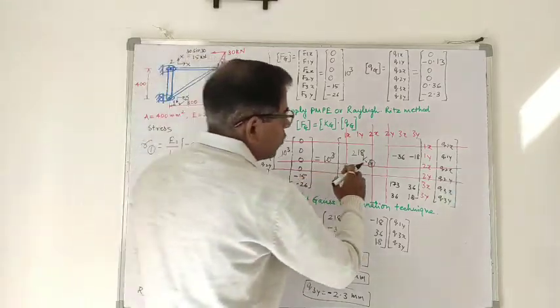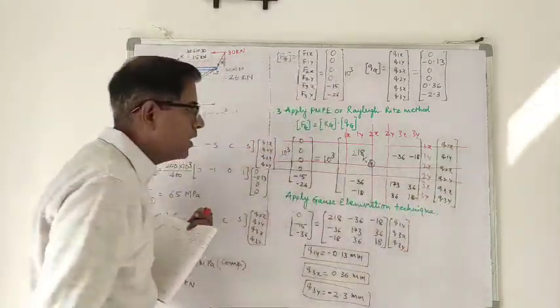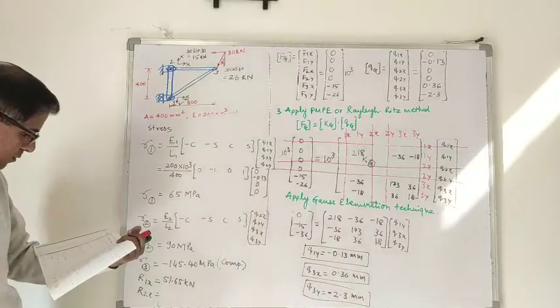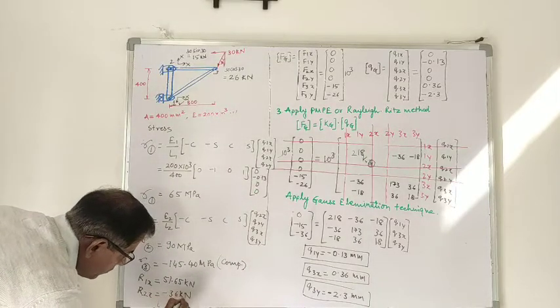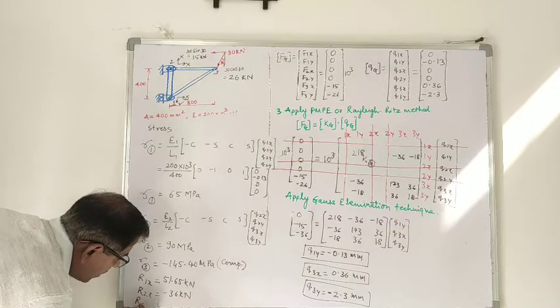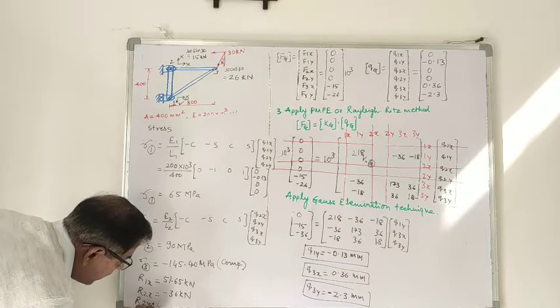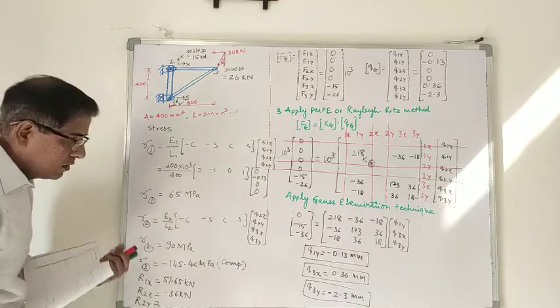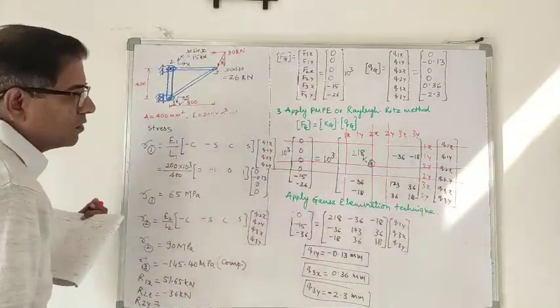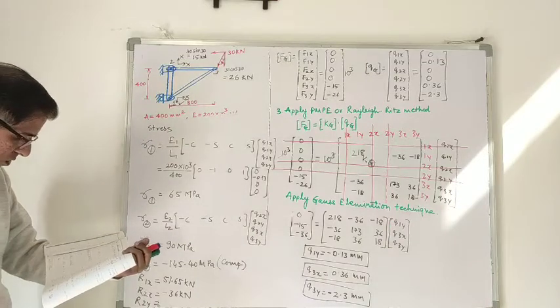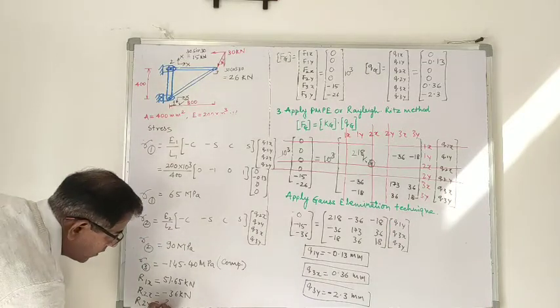R2x means cancelled row of K matrix multiply by the global displacement matrix. So that comes out to be minus 36 kilonewton. And third one comes out at R2y, that is cancelled row multiply by the global displacement matrix. So it is 26 kilonewton.